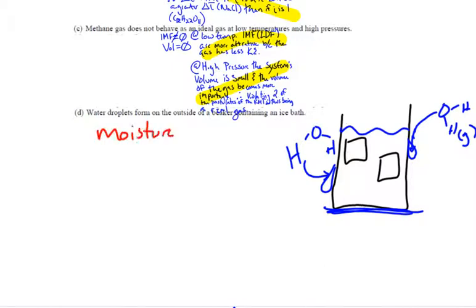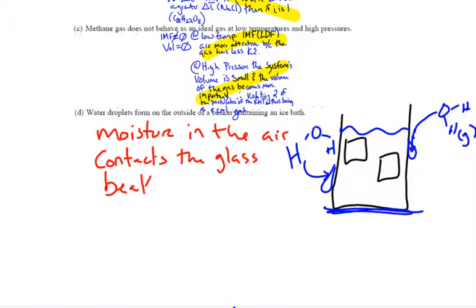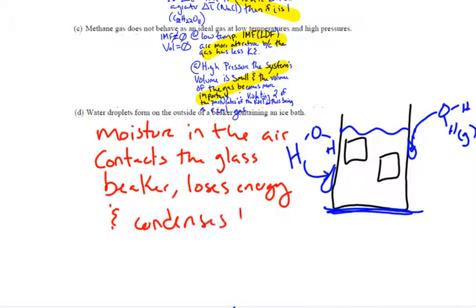Moisture in the air contacts the glass beaker, loses energy and condenses back into a liquid.